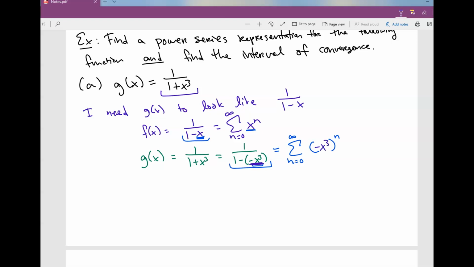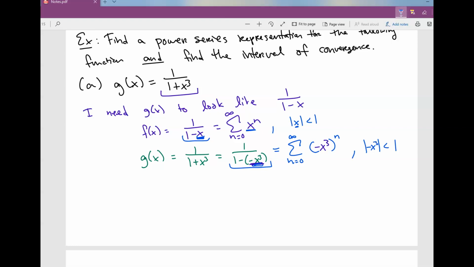And then, provided, remember this one over here was that the absolute value of x was less than 1. Now in this case, you're not going to have the absolute value of x, because x here was based on what was in the denominator. In this case, what's in the denominator? A negative x cubed. So negative x cubed is going to go in here.